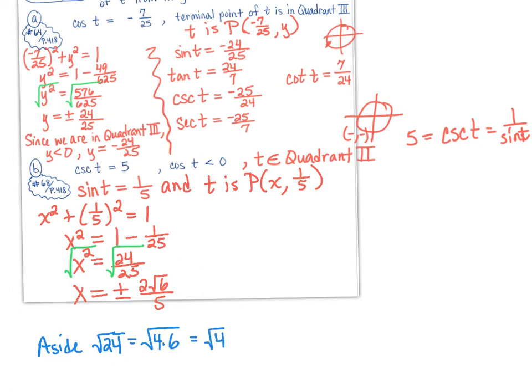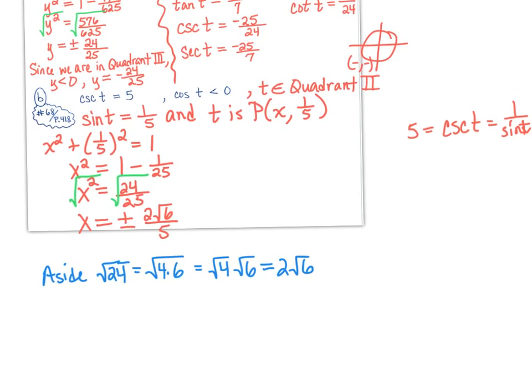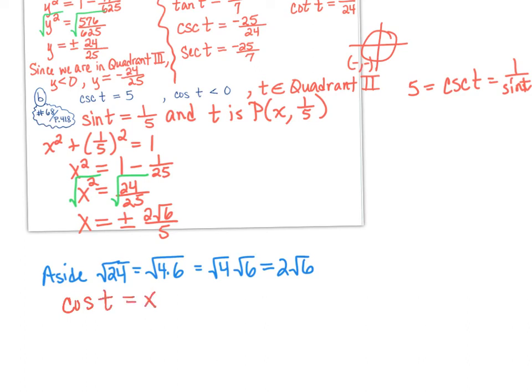That's the square root of 4 times the square root of 6, which is 2 square root of 6. Okay? Now, we already know that cosine of t has to be less than 0. So we know x has to be negative here. So we get cosine of t, which is the same thing as x, is equal to negative 2 square root of 6 over 5.